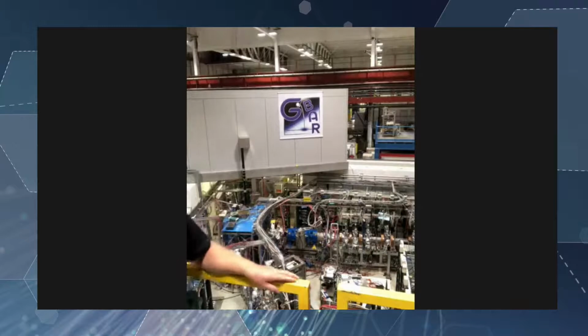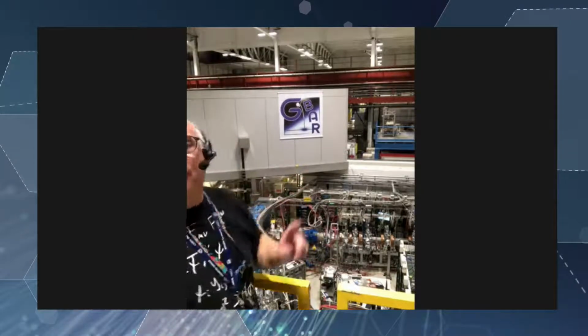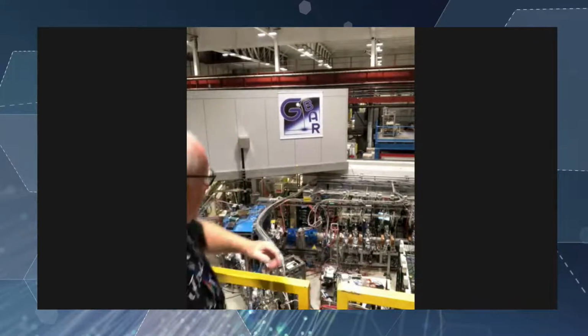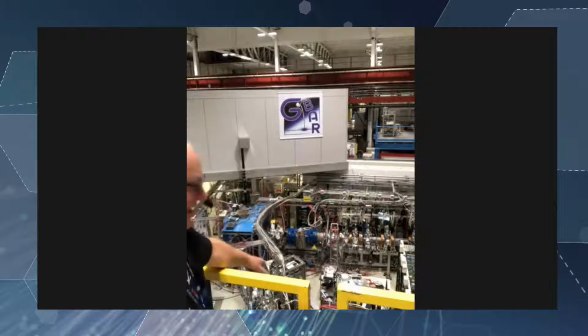Okay, so you see now I moved from the ELENA machine, the decelerator, and I am now in front of this GBAR experiment. G stands for gravitation, and bar for anti-gravitation. So this is the setup.